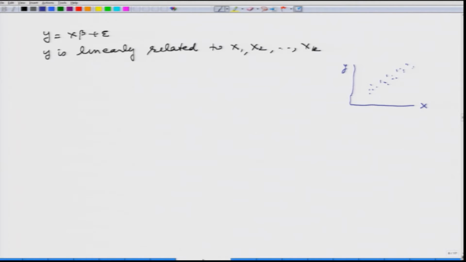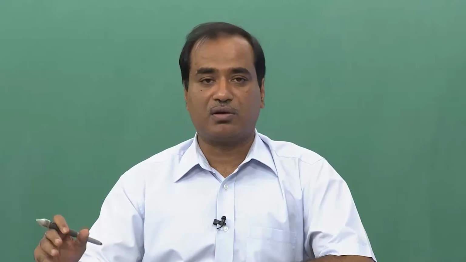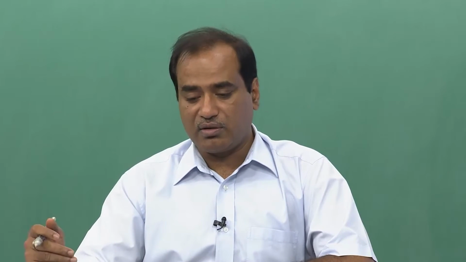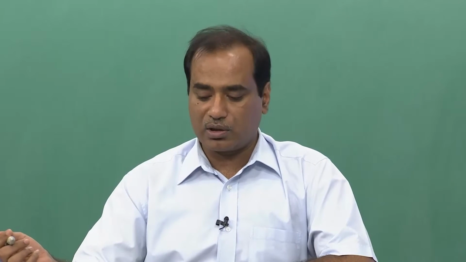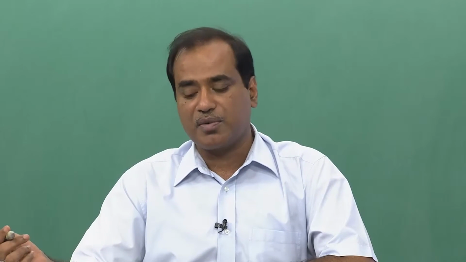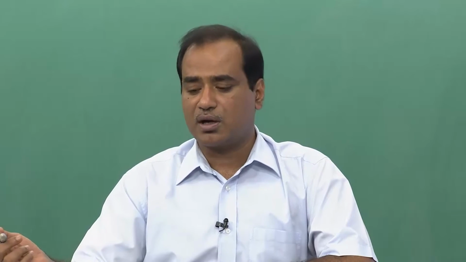But now, in this case, we want to see whether the joint effect of x1, x2, ..., xk on y is linear or not. In the earlier case of simple linear regression, we could work only with a two-dimensional figure. But in this case, there is going to be a high dimensional picture. Up to the third degree possibly I can make a three-dimensional plot, but beyond that I cannot make a plot.